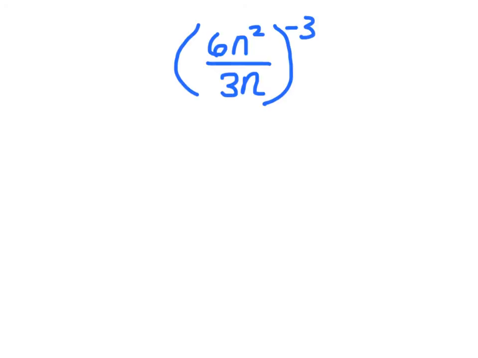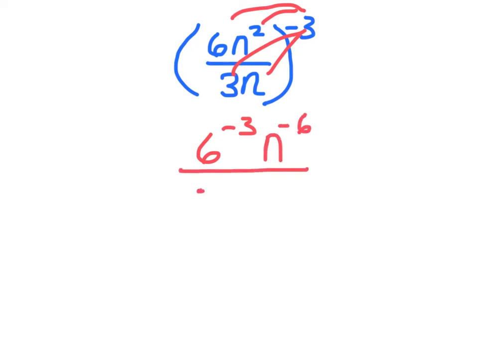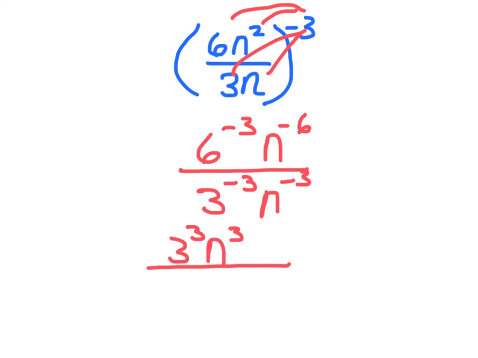In this problem, if we distribute the negative 3 exponent, we'll have 6 to the negative 3, n to the negative 6 over 3 to the negative 3, n to the negative 3. Every single factor is a negative, so everything's going to move. We're going to have 3 to the 3rd, n to the 3rd, over 6 to the 3rd, n to the 6th.